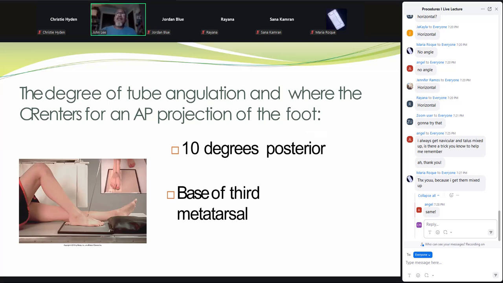Why do we use 10 degrees for AP projections of the feet? What is the purpose of that?